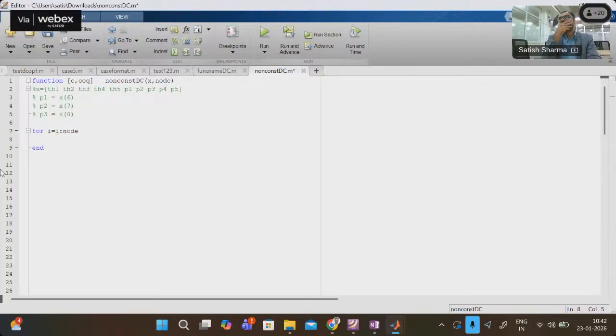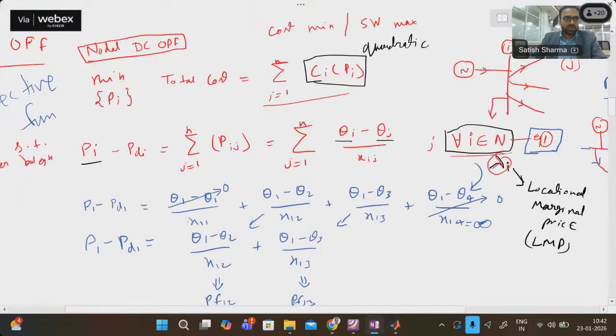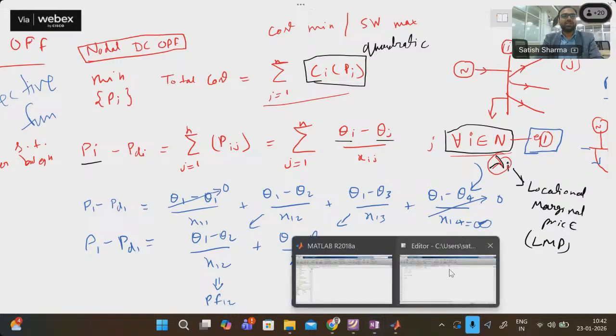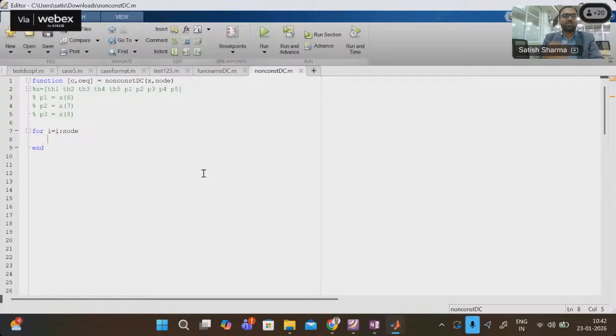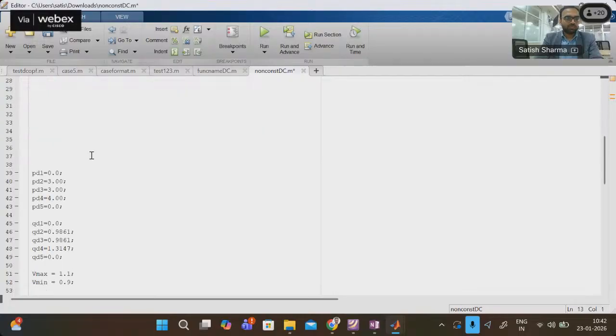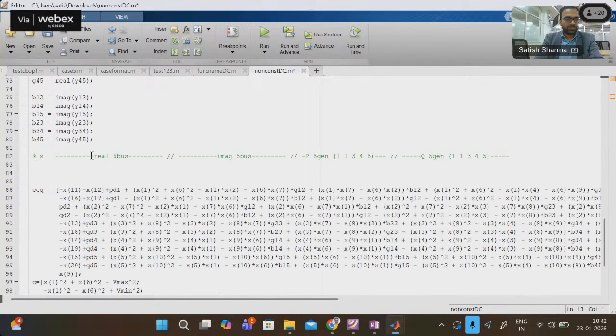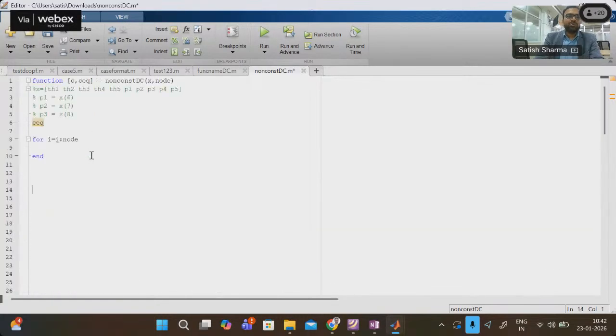Now the next part is how we are writing the equation. This is my equation: you can see it's Pg minus Pd equals Pij. If you have any doubts, you can ask me. First of all, I have to put the equality constraint, so I will define Ceq.